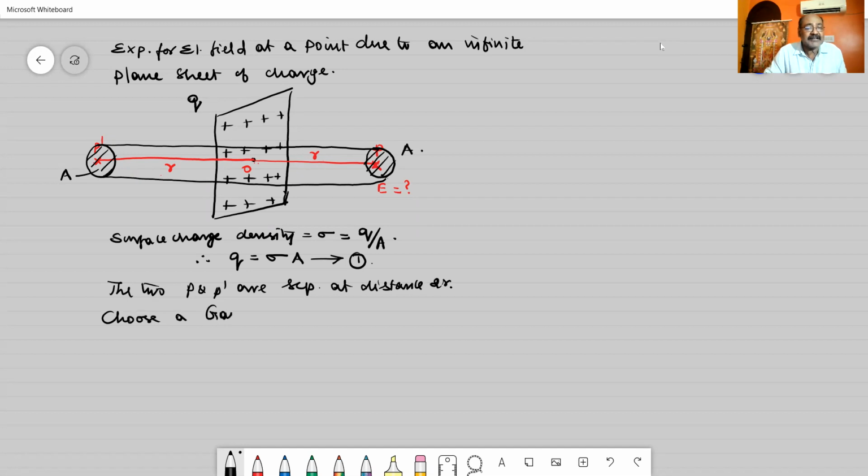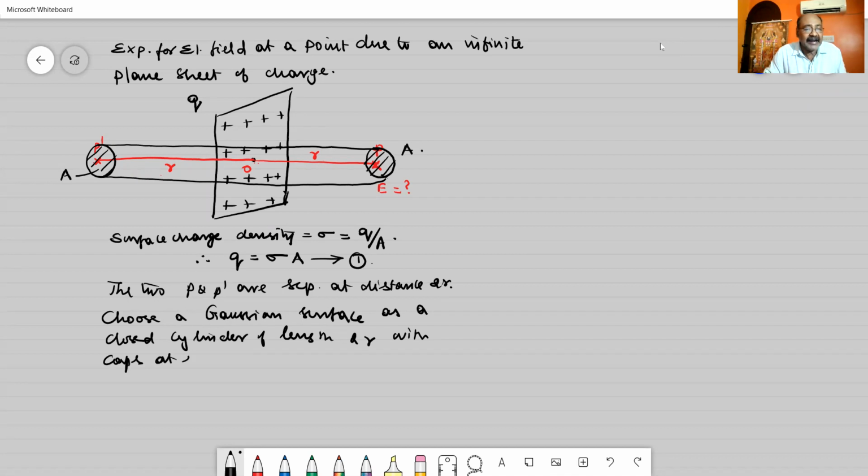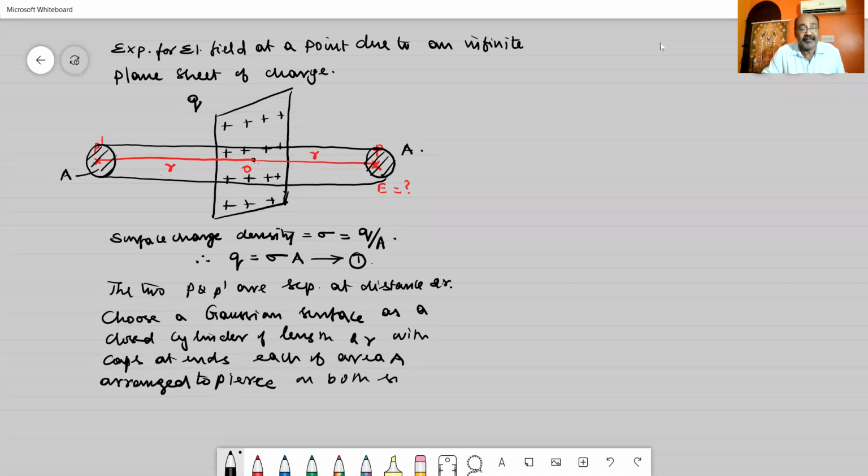Choose a Gaussian surface as a closed cylinder of length 2r, with caps at its ends, closed ends, each of area A, arranged to pierce the sheet on both sides, and directed away from the sheet.